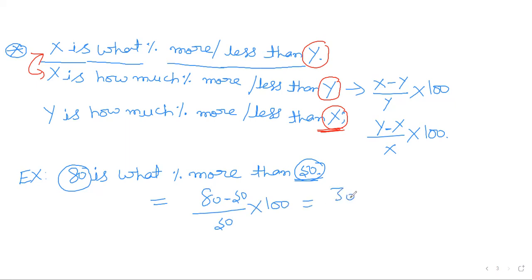So 30 upon 50 into 100 is 60%. So 80 is how much percent more than 50? The answer is 60%.